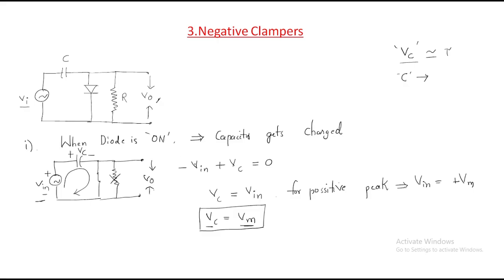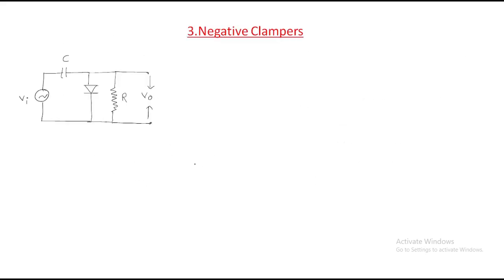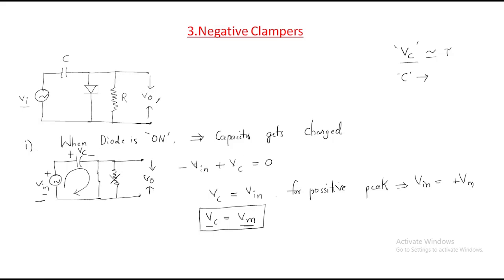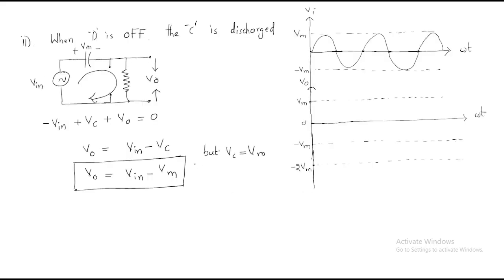In the first case, we discussed how capacitor charging and discharging is possible. But here we don't need that, we just substitute using this formula. For input 0, the output starts from minus Vm.